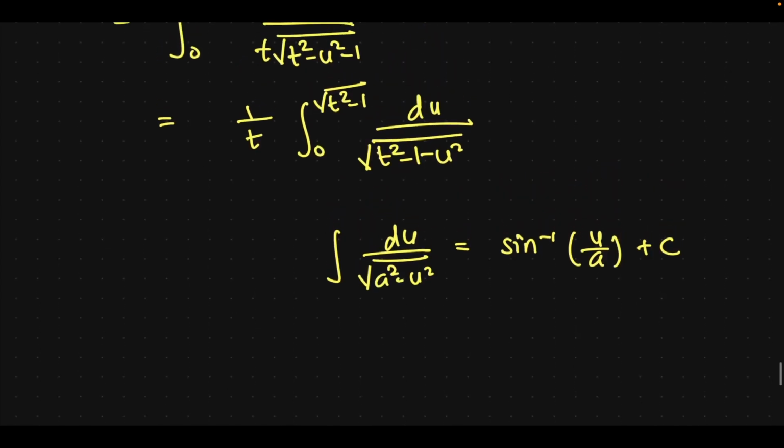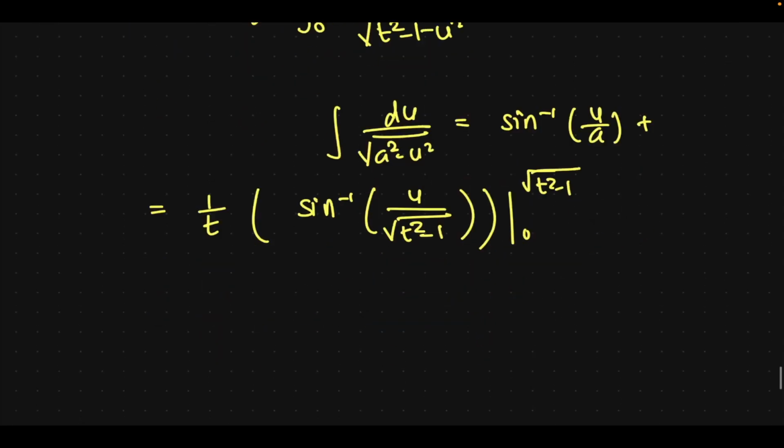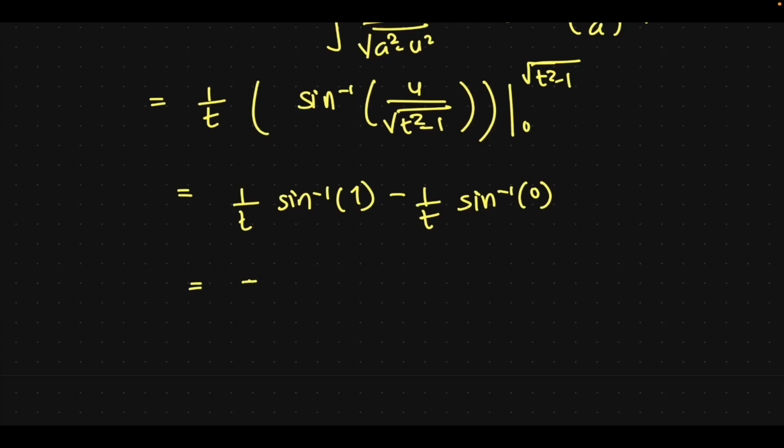And we have the same thing here, where instead of a squared, we have t squared minus 1. So this just becomes sine inverse of u over square root of t squared minus 1 from 0 to square root of t squared minus 1. At 0, that's 0. At the upper bound, it's sine inverse of 1, so that's pi over 2.